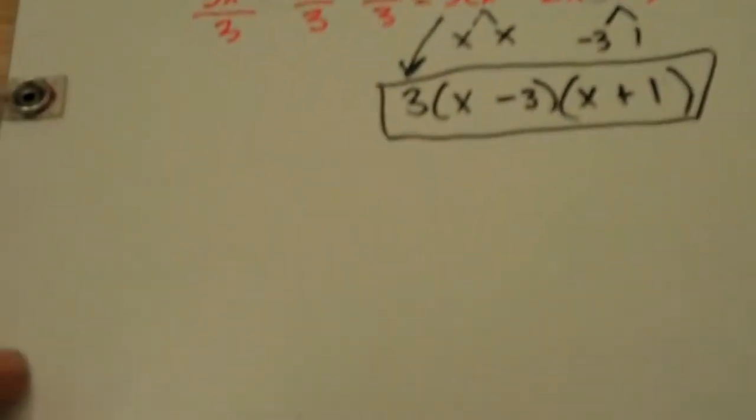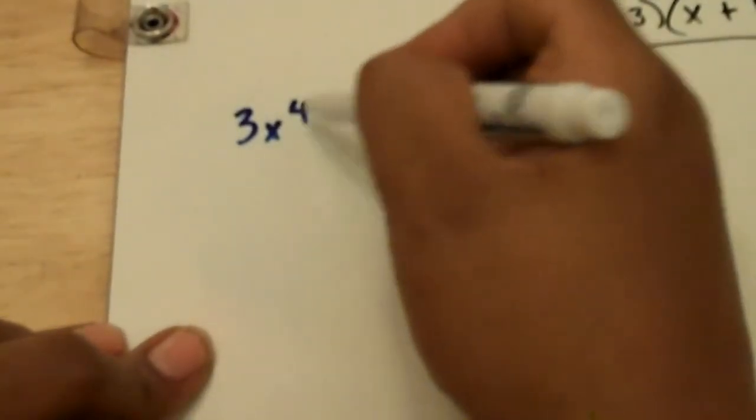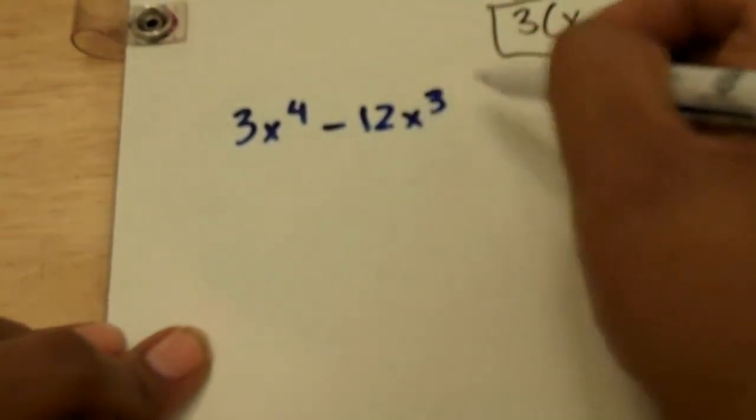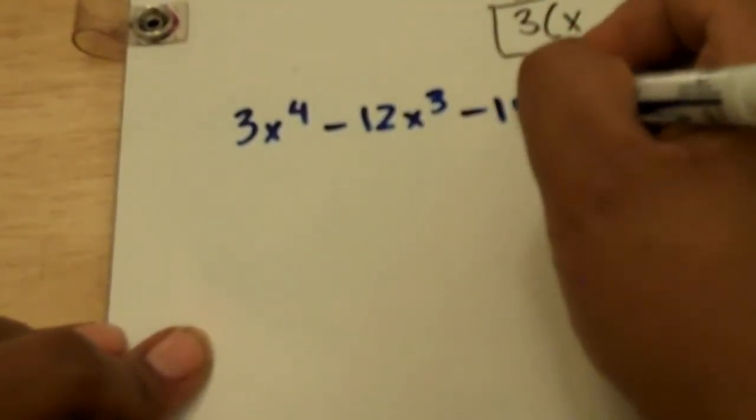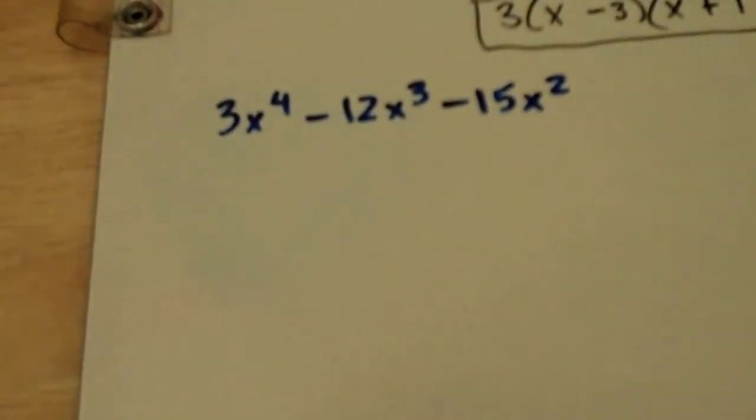Let's try one more. Make it a little different. So we have 3x to the 4th minus 12x to the 3rd minus 15x squared. So if we look at this, we can see what needs to be factored out.